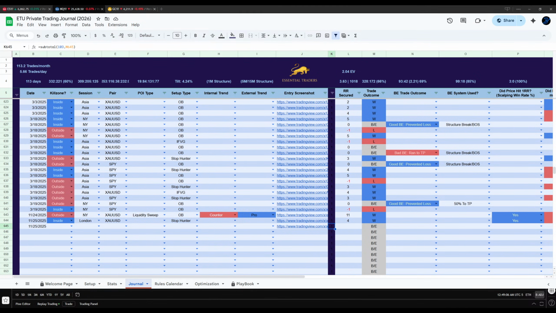The trade was 7RR. Again, this is a limit entry model on gold during ADA session outside of kill zone. Let's see.